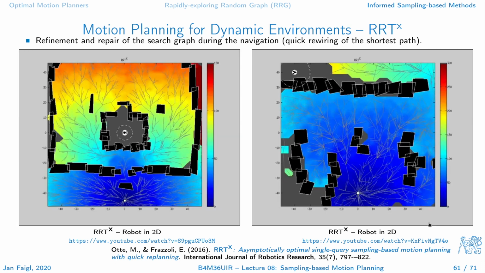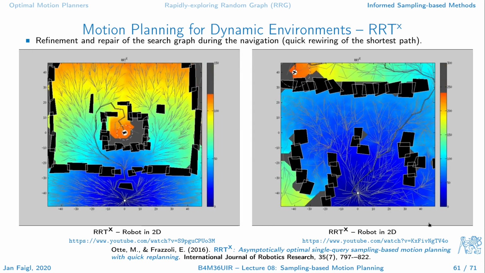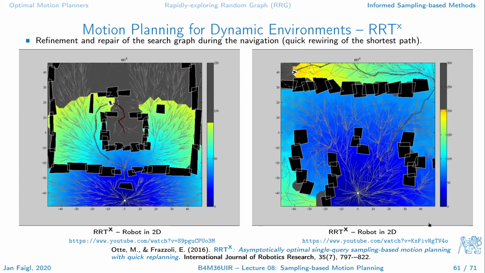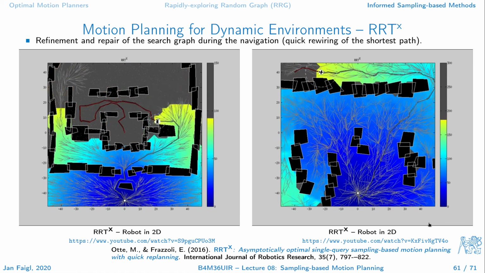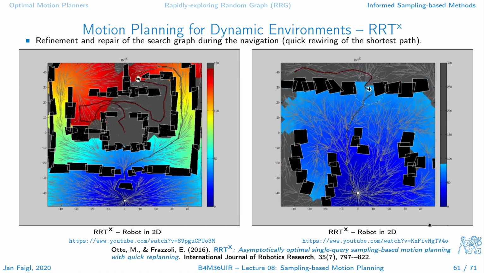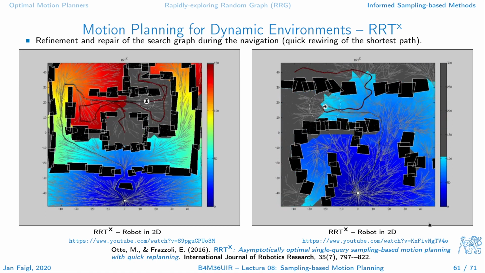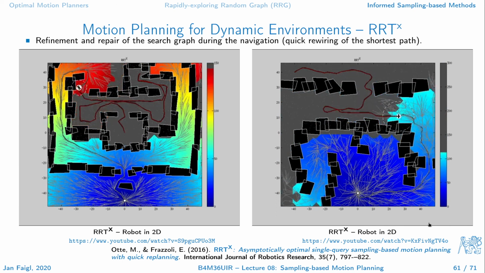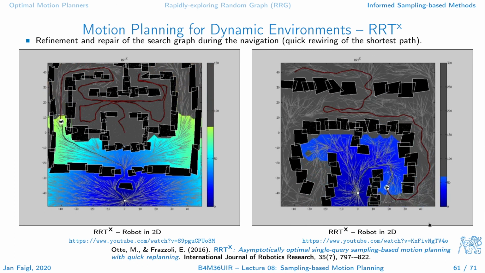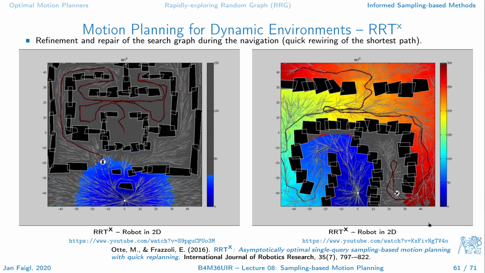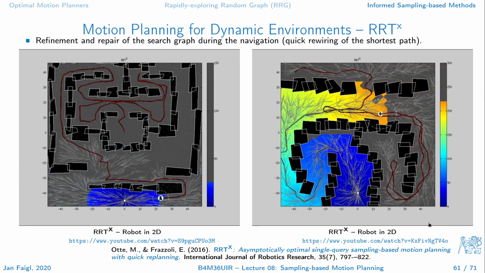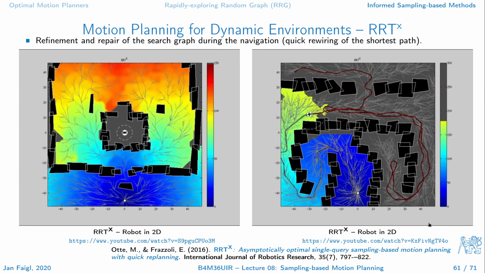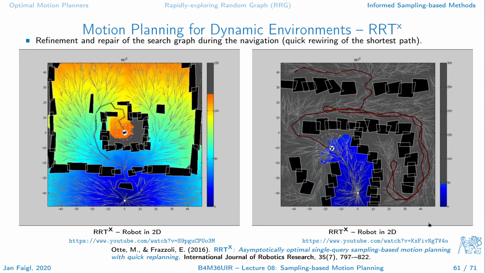And to conclude, and to make some connection with D-star Lite, where we plan something and then we realize, okay, the plan was performed on a map that doesn't correspond to reality. So this is RRTX, which is in some sense very similar to D-star: we plan, execute the plan, and realize the environment has changed, and we would like to reuse the information we have stored in our RRT star.